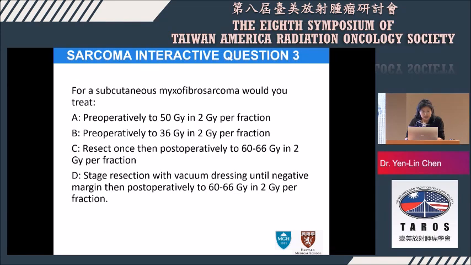For this case, would you treat A, preoperatively to 50, B, postoperatively to 60, that's a typo, C, resect once and then postoperatively treat to 60 to 66, or D, stage a resection with vacuum dressing until negative margin, and then again treat with 60 to 66.